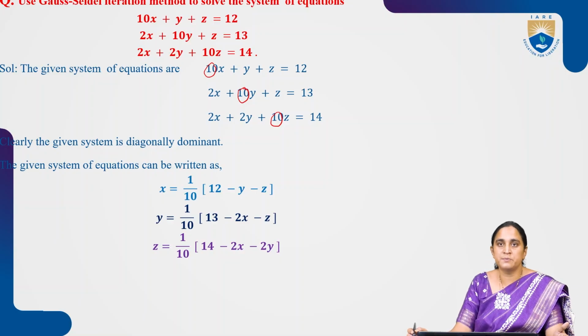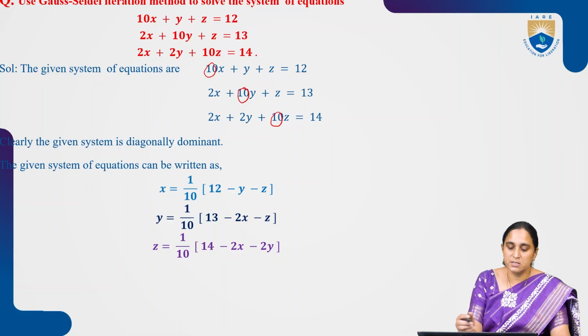The first main concept is that we have to verify the diagonal elements are large compared to the other elements. That condition is satisfied, then we can continue the next procedure for finding the x, y and z values.